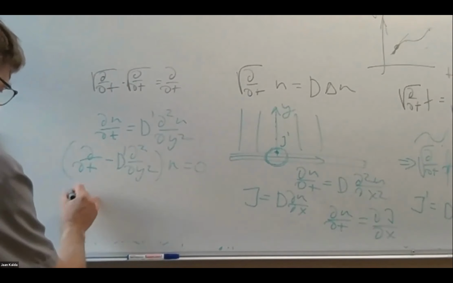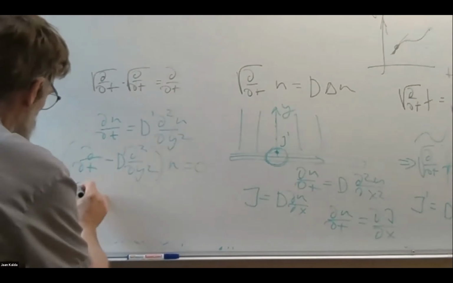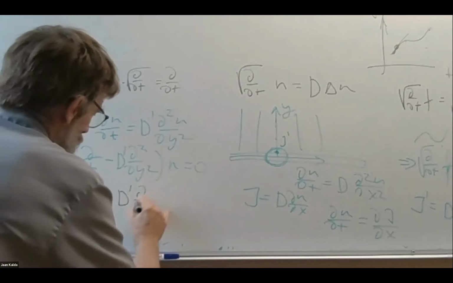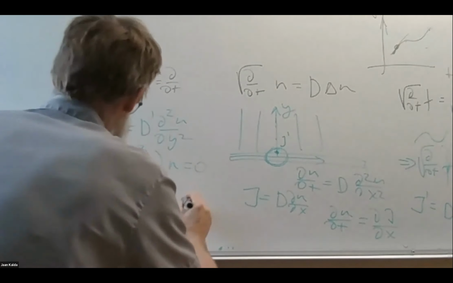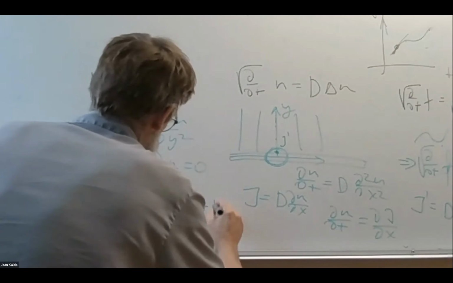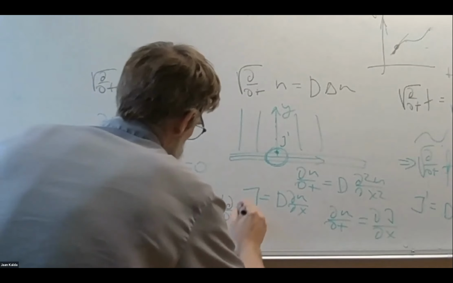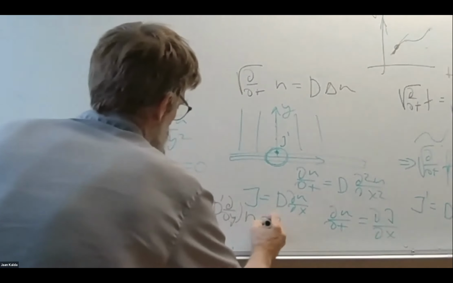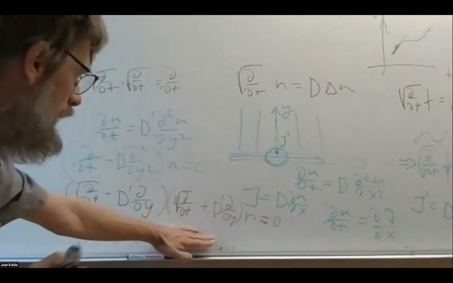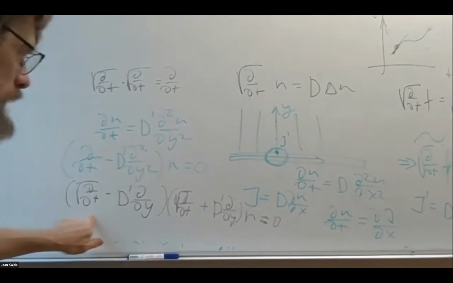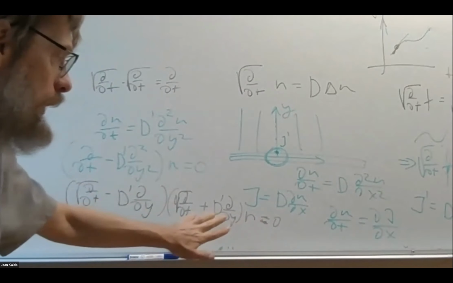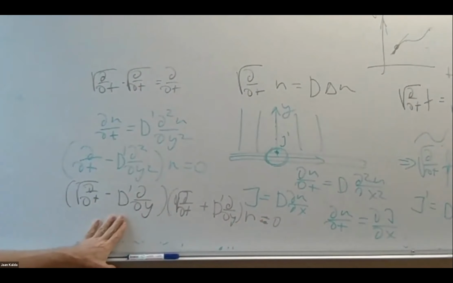We have square root of d over dt minus square root of D prime d over dy, multiplied by square root of d over dt plus square root of D prime d over dy, applied to n equal to 0. And now we have options: either this applied to n is 0, or that applied to n is 0, or it can be decomposed into two parts, one becoming 0 because of this and another because of that.